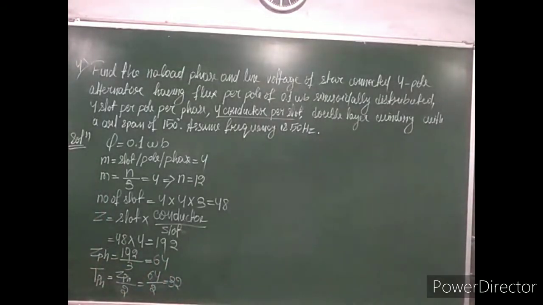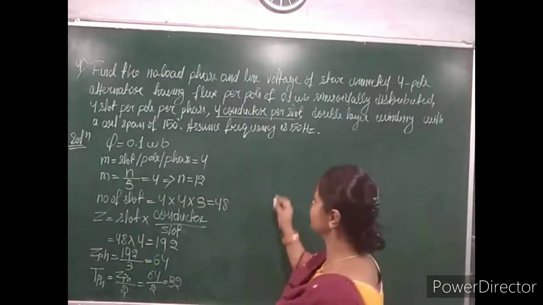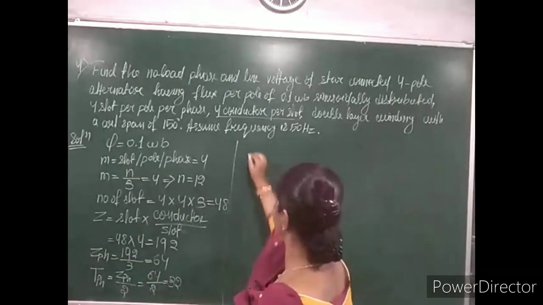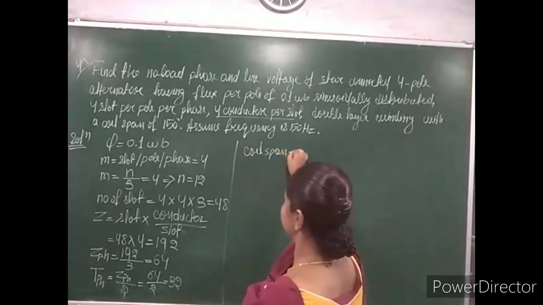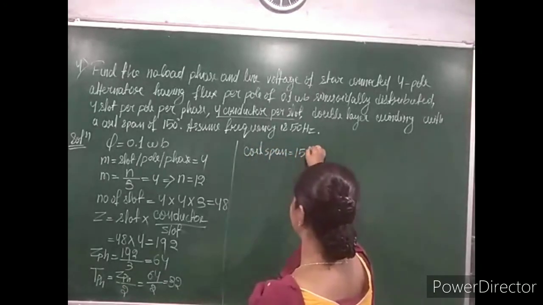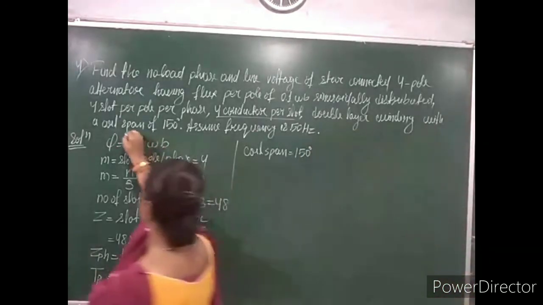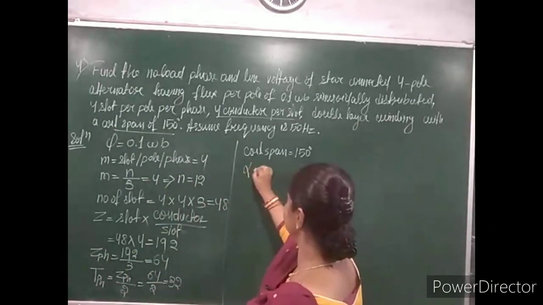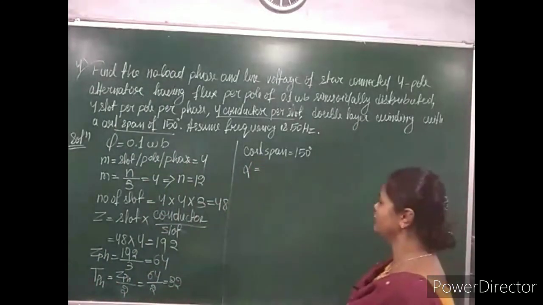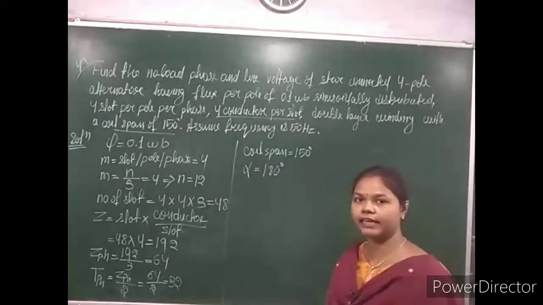Okay. Next, what are the data given? Coil span is given as 150 degree. That means the alpha angle, alpha is the short pitch angle. You know that full pitch means 180 degree electrical.